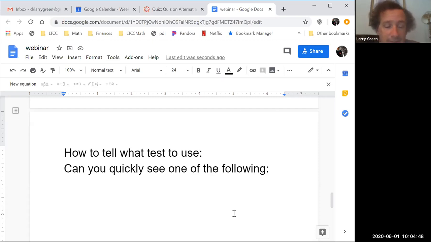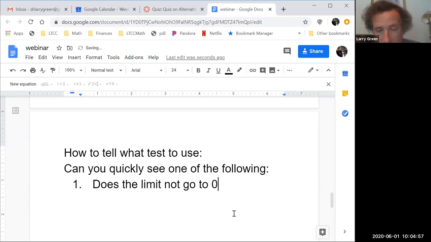Okay, one is, does the limit not go to 0? Maybe I should even say, does the limit go to 0? And if not, use what test?